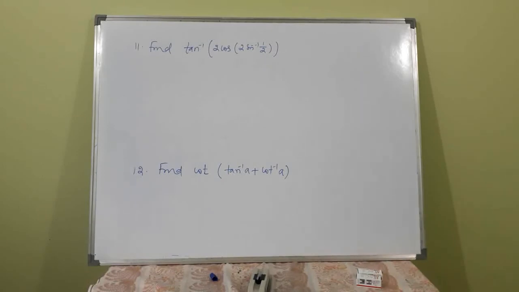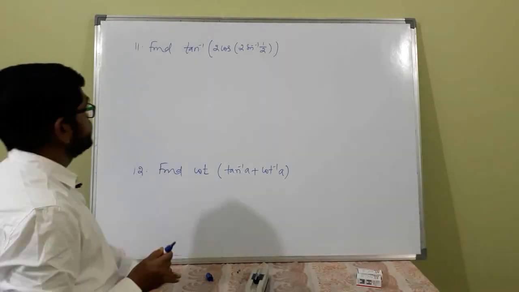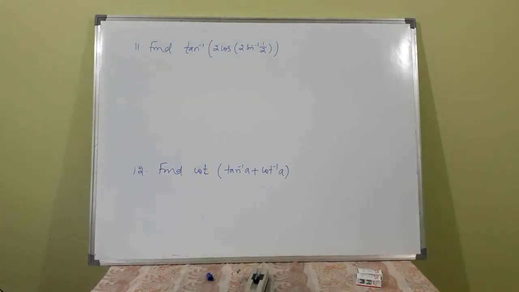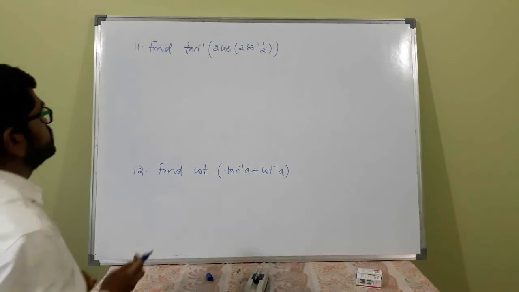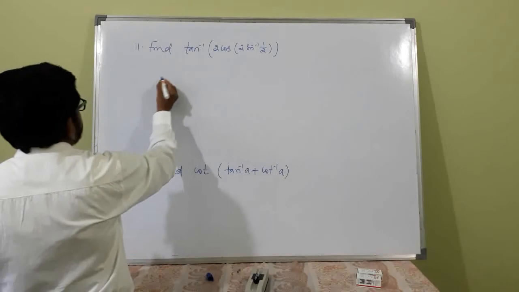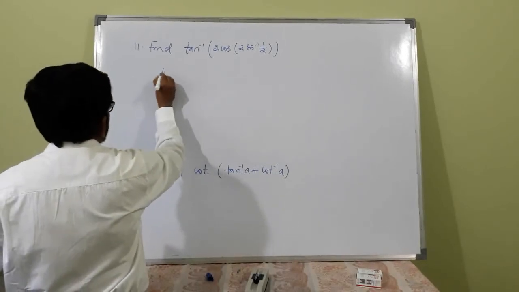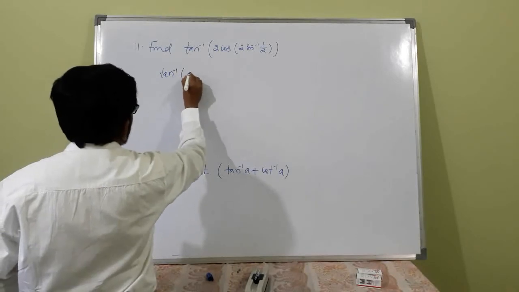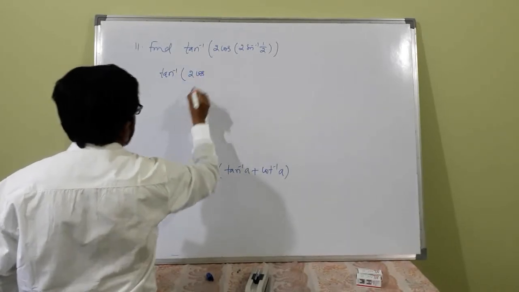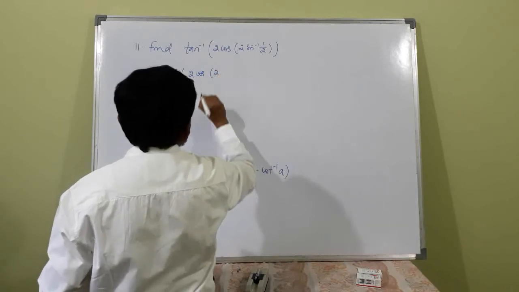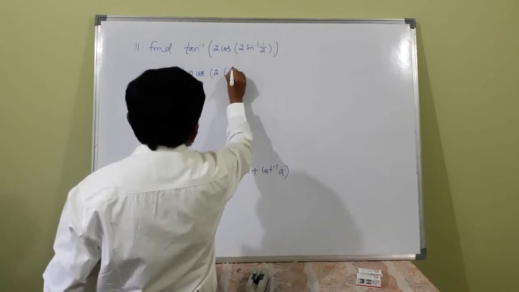This is a different type of question. Find the value of this expression: tan inverse of 2 cos of 2 sin inverse half. What is sin inverse of half? It is 5 by 6.